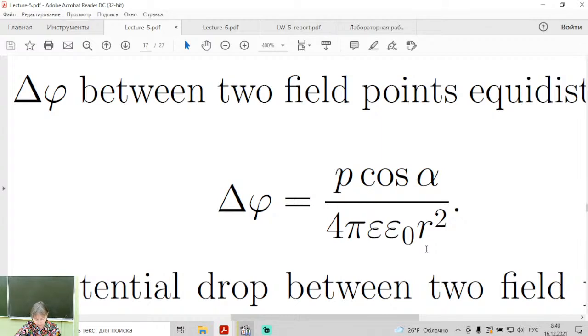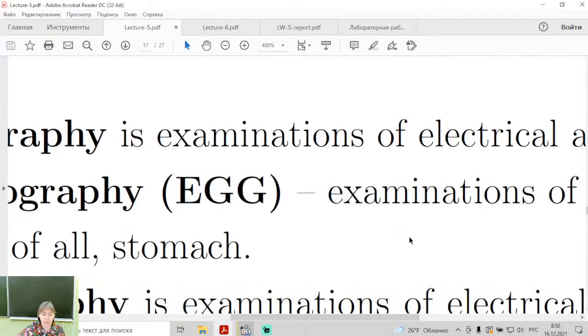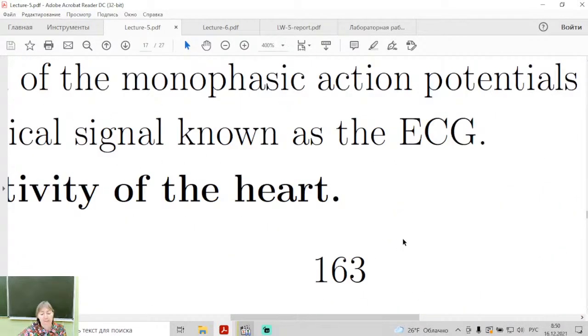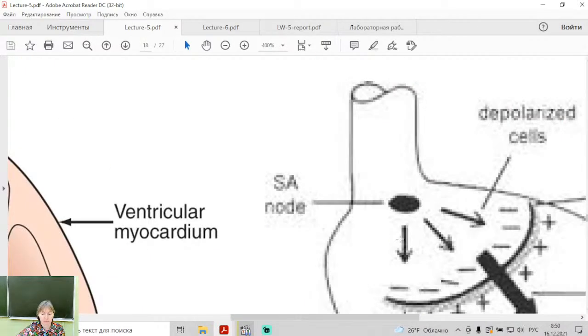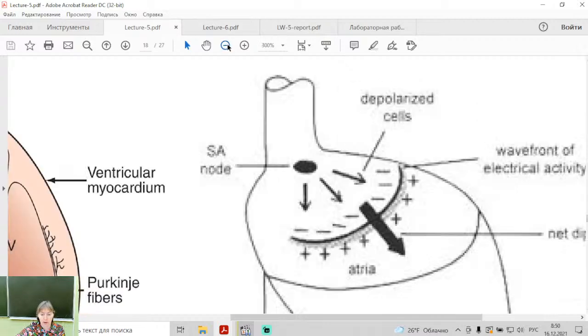The temporal and spatial summation of the monophasic action potentials of the myocardial fibers produces an electrical signal known as the ECG. Electrical activity of the heart. Look at here.